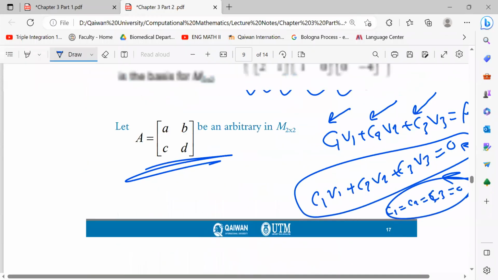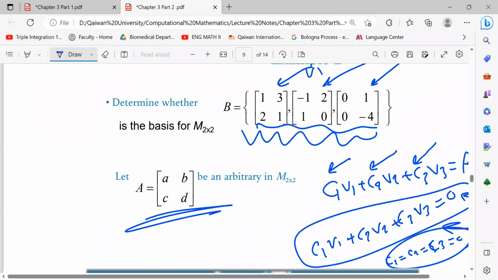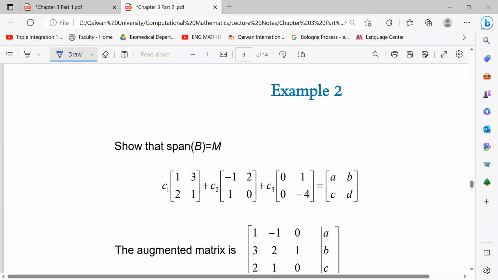For this example, we say C1 times the first element of B, C2 times the second, C3 times the third, equals A. This is for linear combination.